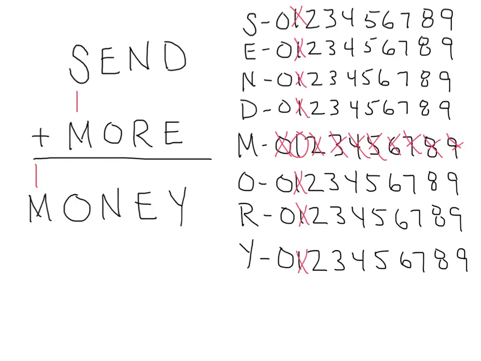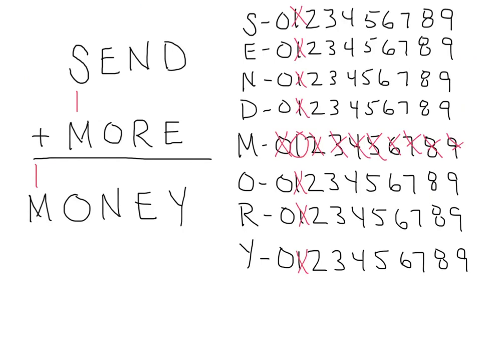Alright, very good. Next, the next number that I personally see is this S. I know that S plus 1 has to equal 10 or more, because I need to carry this 1 out here to the M in money. Okay, so S plus 1 has to equal 10 or more.